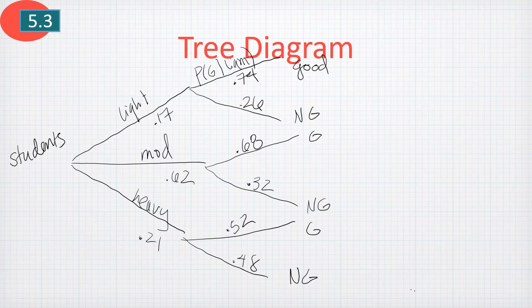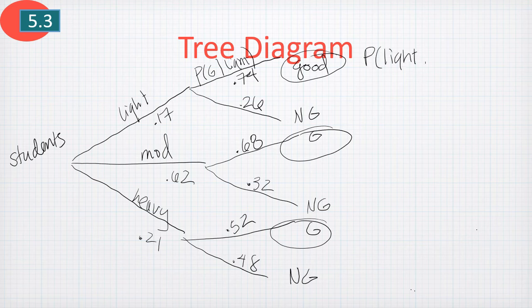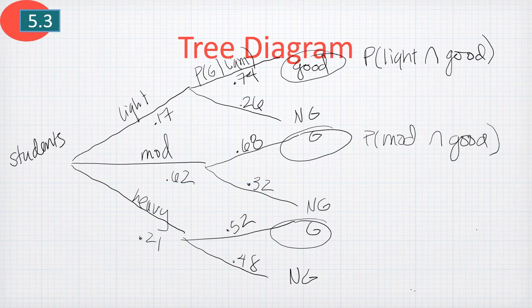So that's here, here, and here. So I need the probability of someone who is light and good, and the probability of someone who is moderate and thinks they have good grades. And I need the probability of someone who is a heavy user and thinks they have good grades.